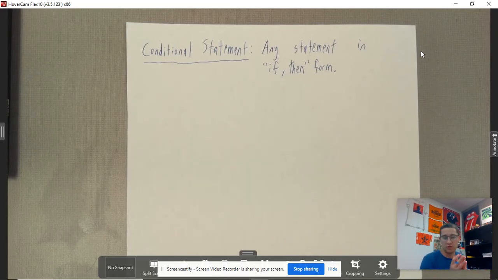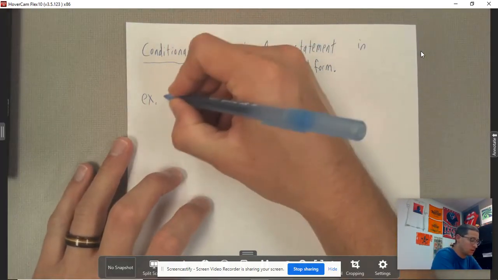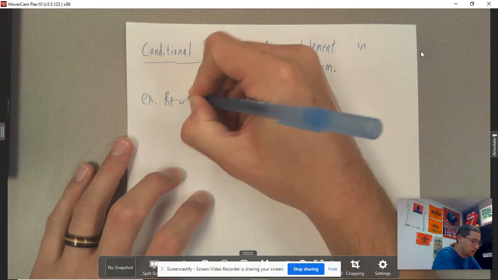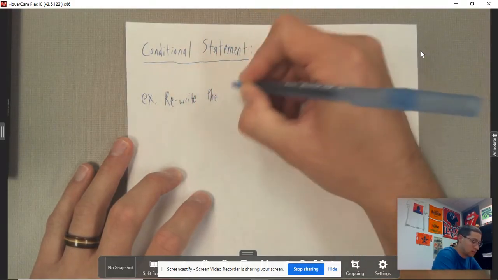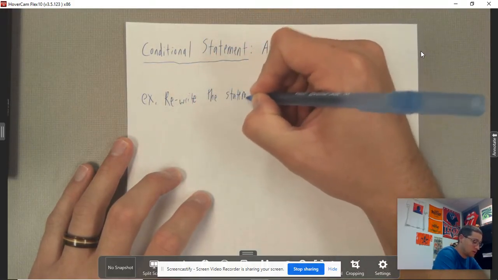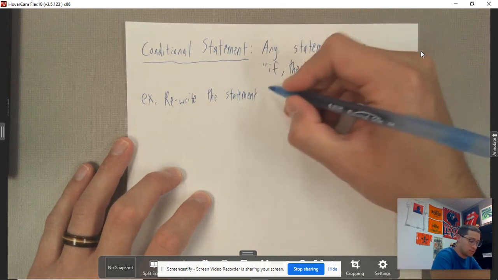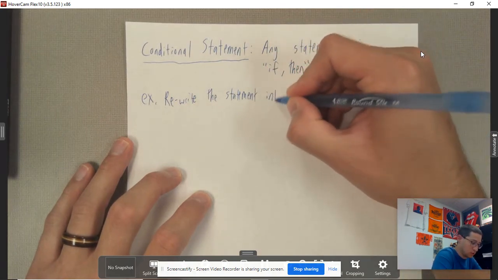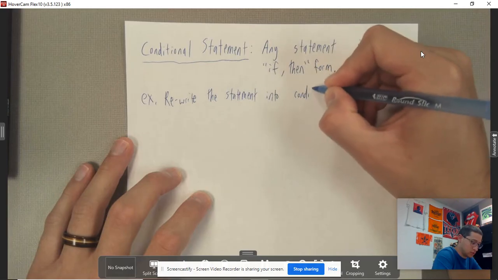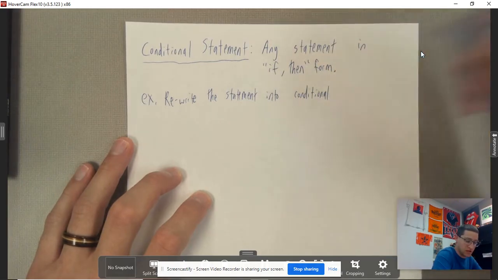I'm going to go ahead and start with an example of how we can convert from a normal statement to a statement that is in conditional form. Okay, so maybe we started off with this. We could say, rewrite the statement into conditional statement form.